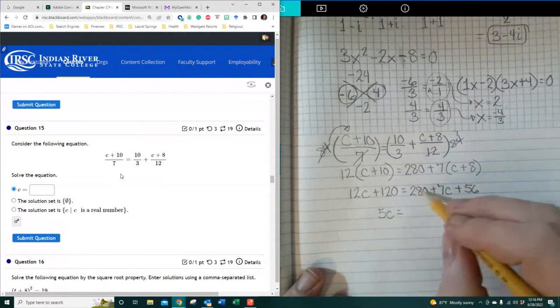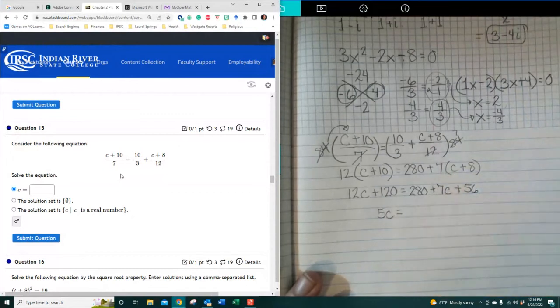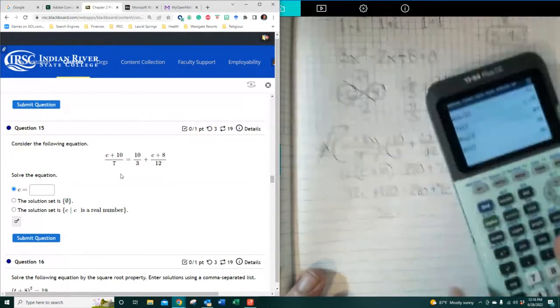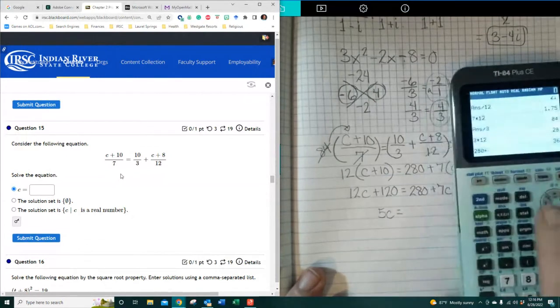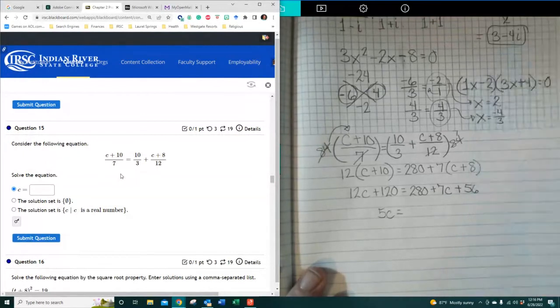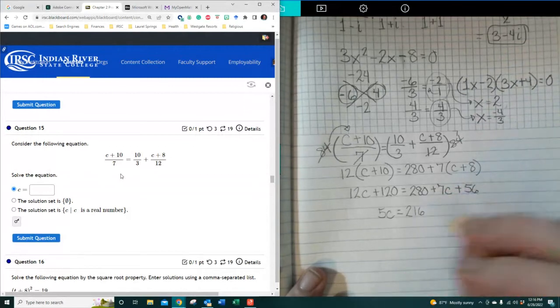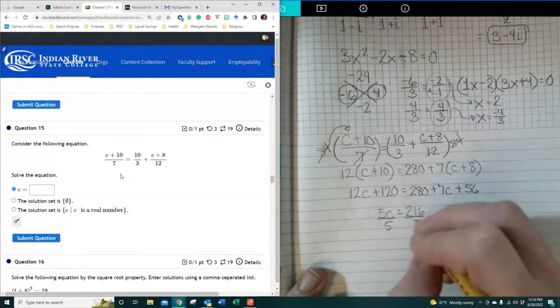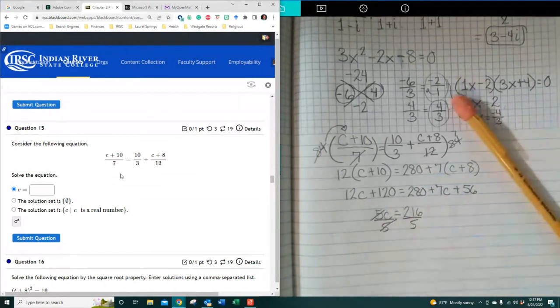And then we're going to bring the 280 together with the 56 and subtract 120. Now, we don't have to panic and think we have to do it all in our head. All I have to do is take 280 plus 56, hit enter, and then subtract the 120. And then we get 216. And then we're going to divide both sides by 5. All right, so C is equal to that.